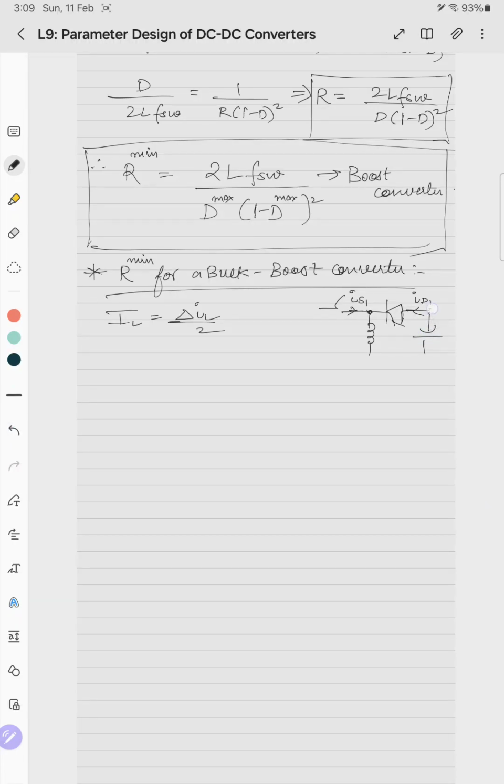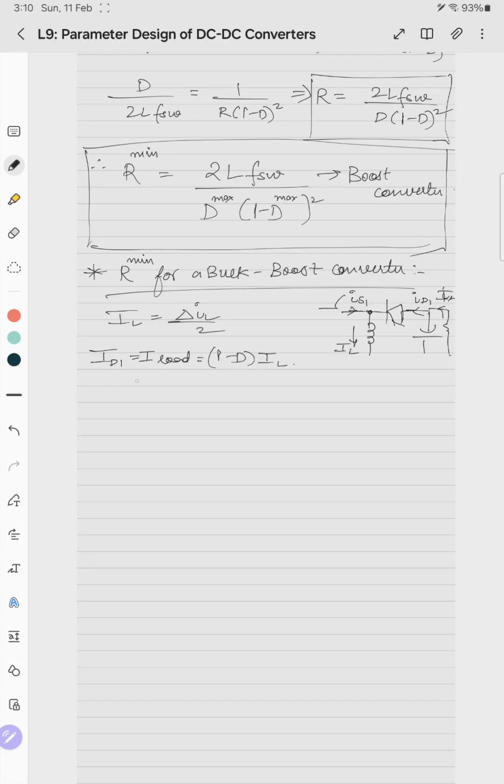So this is I load, and ID1 equals I load, and this is IL. When the switch is on, IS1 is IL. When the switch is off, ID1 is IL. So ID1 or I load equals 1 minus D of IL.